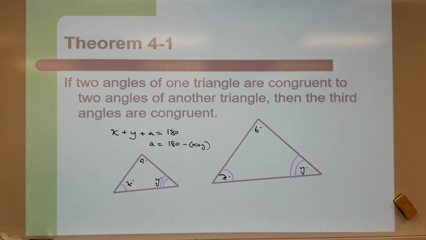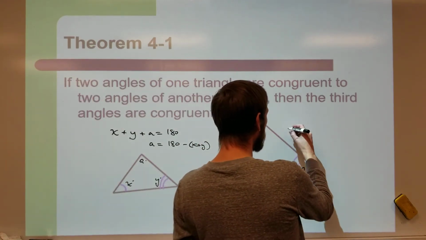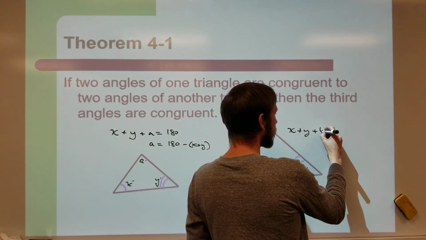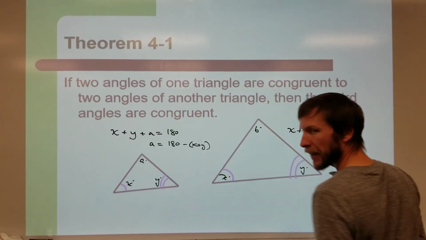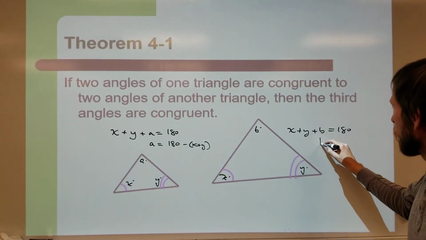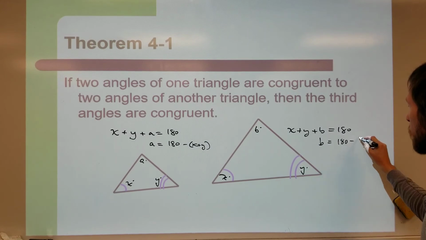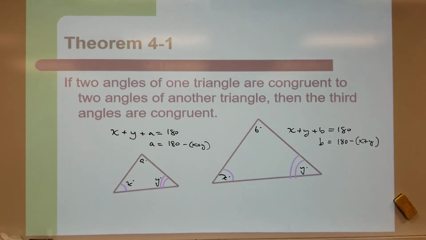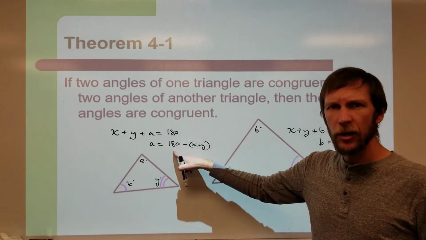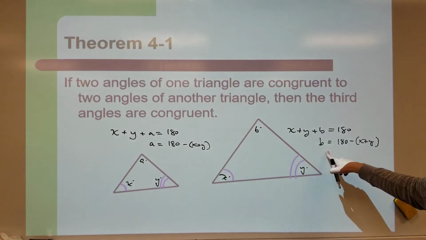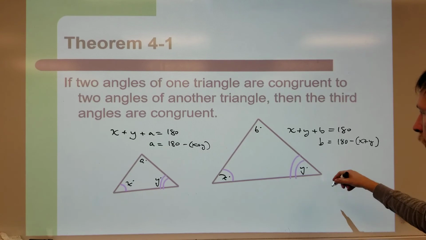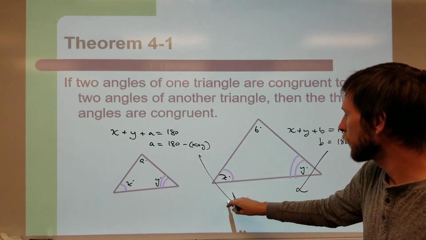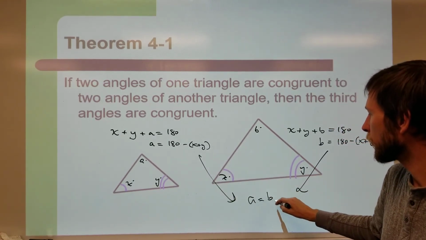But at the same time, in this other triangle, I've got very much the same equation. x and y and b add up to 180. And therefore, if I subtract x and y from both sides, I have b is equal to 180 minus x plus y. Well, if a equals 180 minus x and y, and b equals 180 minus x and y, then therefore, a and b must be equal to each other by the transitive property of congruence.